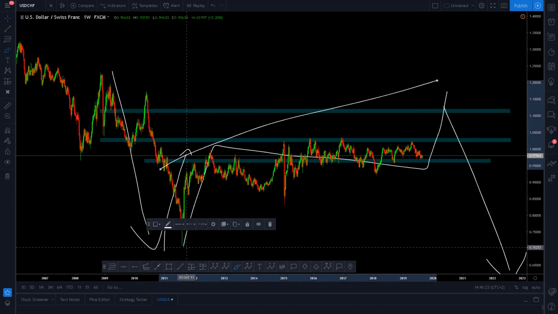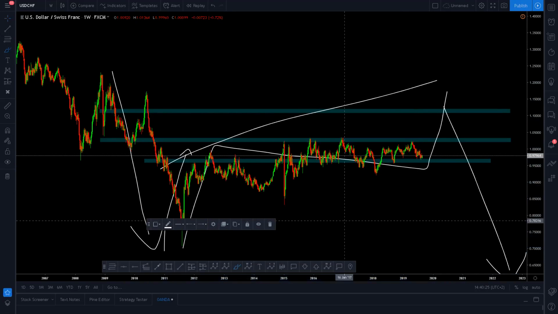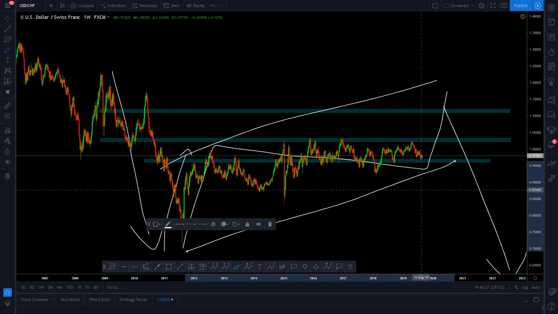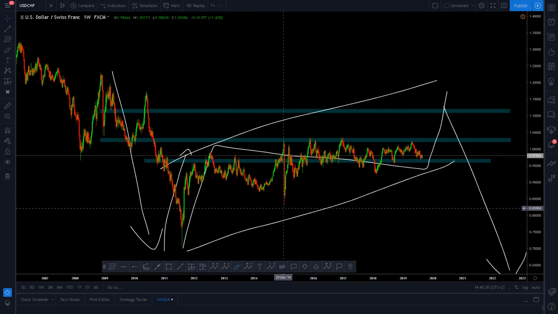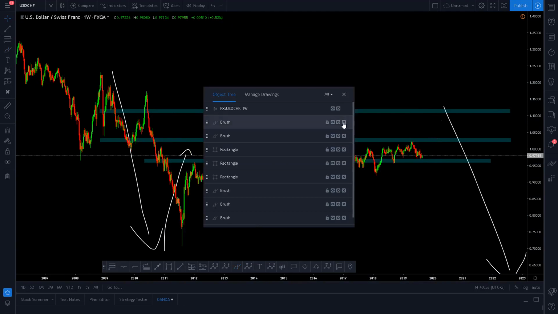So it's going to make a correction like this one. We can check on the lower time frames and see what we get there.